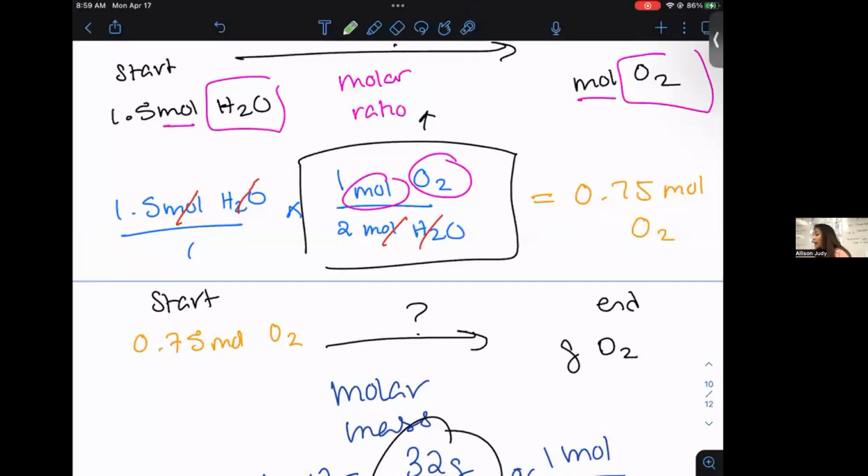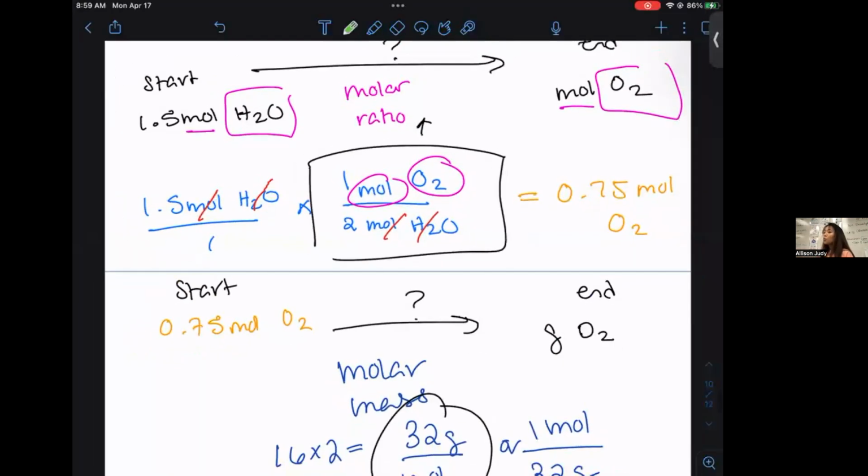Yeah, so as far as how did I get to 0.75, what I did is I started with my unique amount. I told you I have 1.5 moles of water. That's specific to my situation. But then I say, I want to get to oxygen, pure oxygen. How do I connect those two? What's the standard relationship between those two?